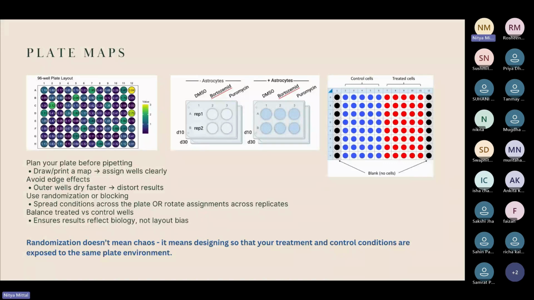Okay. So that basically is going to ensure biology and not layout bias. Randomization does not mean chaos. It means designing so that your treatment and control conditions are exposed to the same plate environment, which is why, again, coming back to that point of leaving the edges blank.